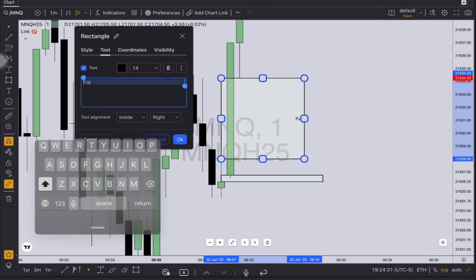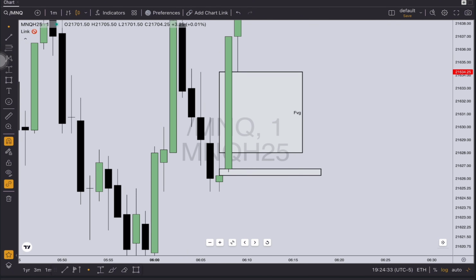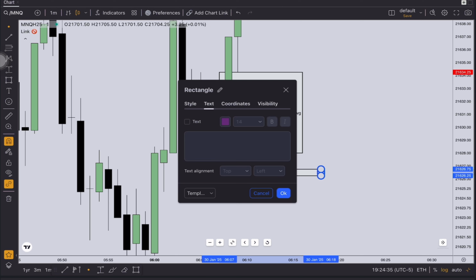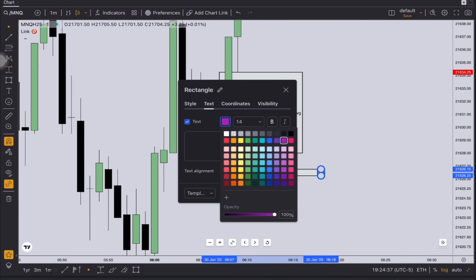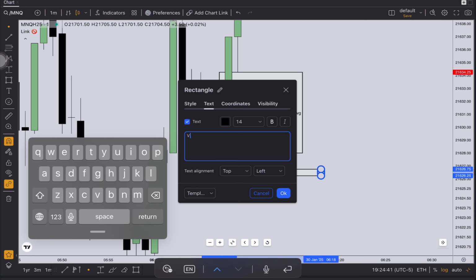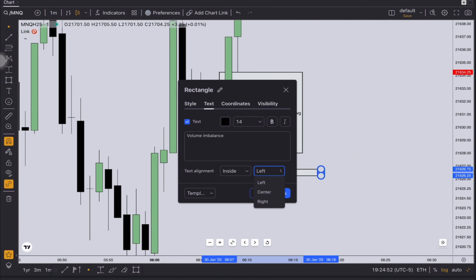Let's do black. So this is an FVG, while this is a volume imbalance, correct? This is a volume balance.